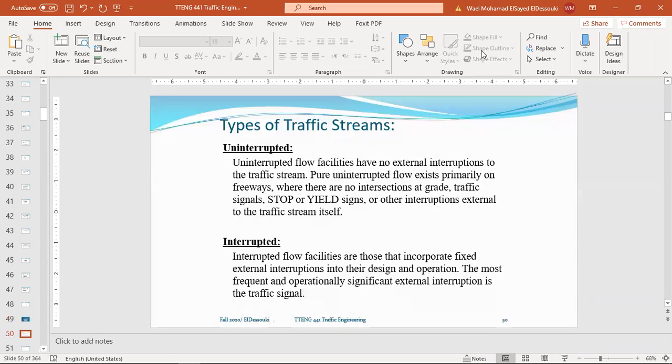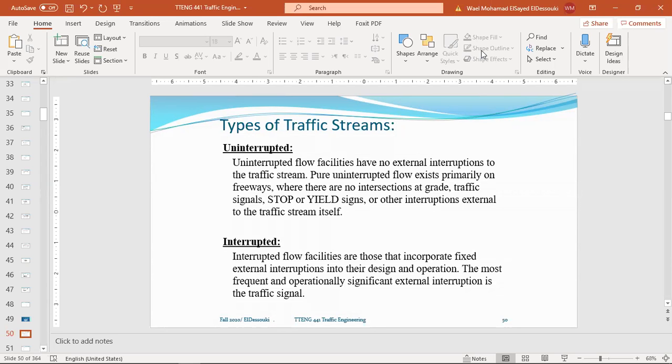We mentioned earlier that we have two types of traffic streams: the uninterrupted traffic stream and the interrupted traffic stream. The uninterrupted traffic stream is basically a stream where accessibility is limited. It's either by an on-ramp to get into that stream, or an off-ramp to get off it.